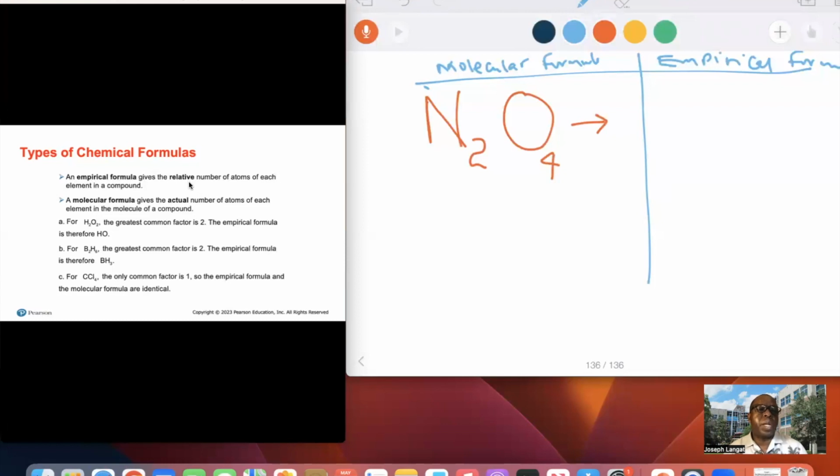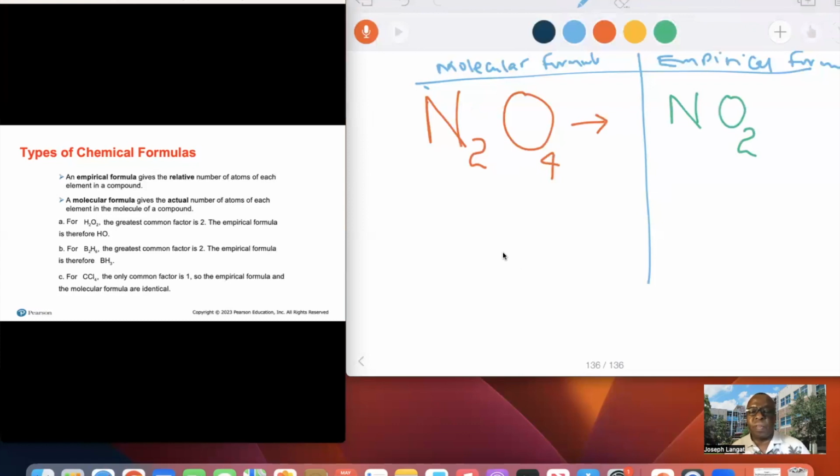It's just the simplest whole number ratio, I'll say, for empirical. Molecular keeps the actuals. You see, I have actual. If I simplify by 2, this will give me N O2. You don't express empirical formula with a fraction. It's got to be a whole number.